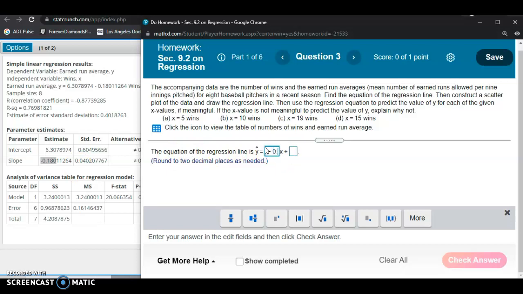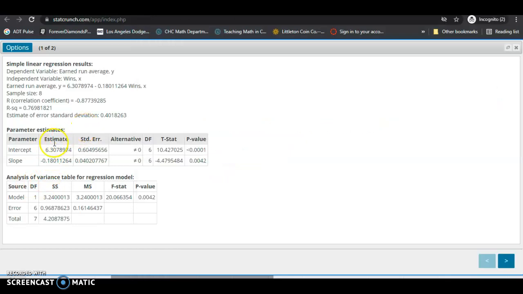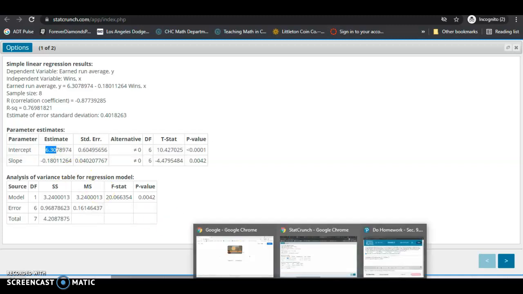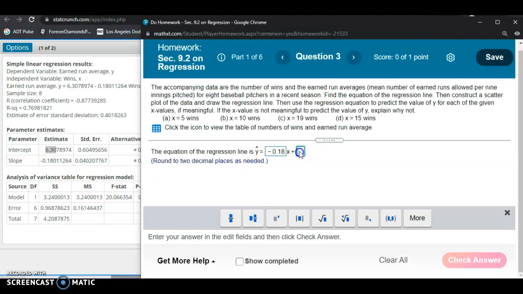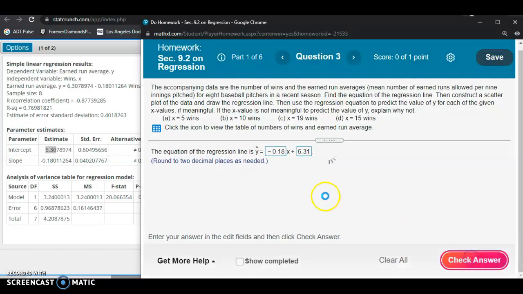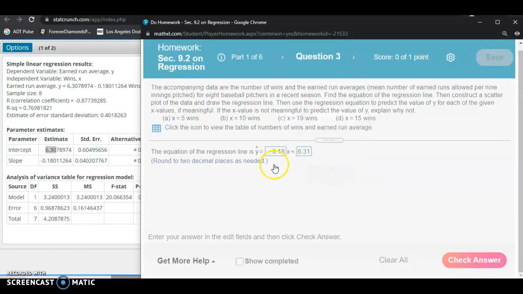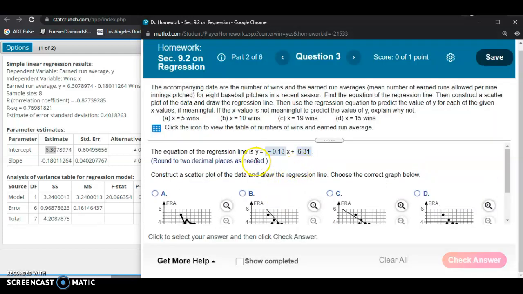And then the y-intercept would be 6.31. That 0 gets rounded up to a 1, so 6.31 is the y-intercept. So the regression equation is y hat equal to negative 0.18x plus 6.31.